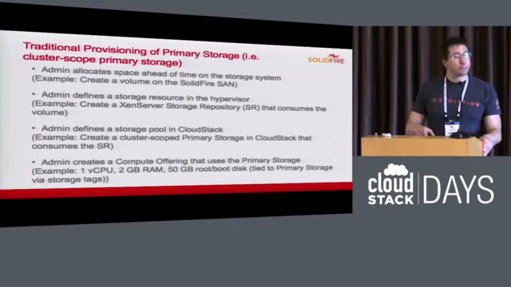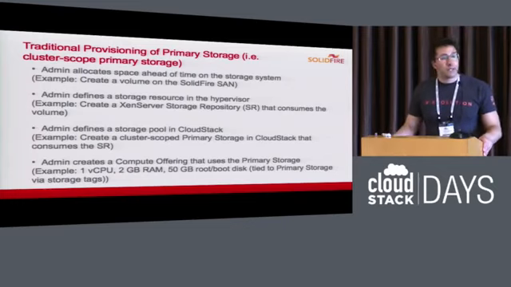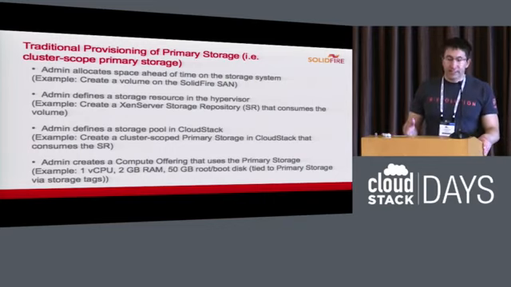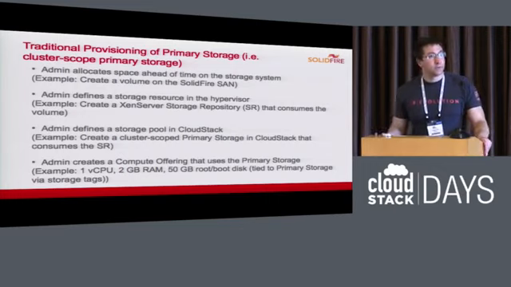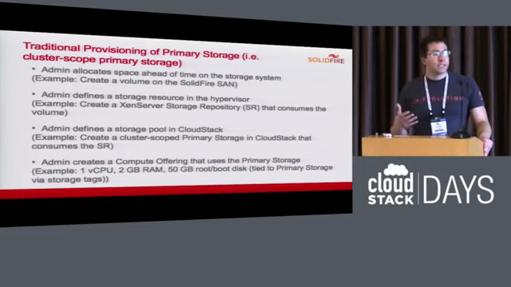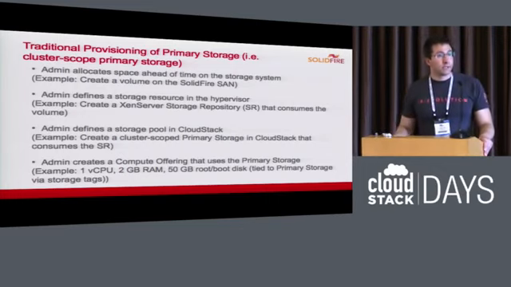Then, in the next bullet point, he would go over to the hypervisor side of things and create, if this is XenServer, a storage repository that consumed that iSCSI volume. If it was ESX, it would be a data store that consumed that iSCSI target. But the idea here is we're putting a clustered file system on that iSCSI volume, and we're doing this from the hypervisor side of things.